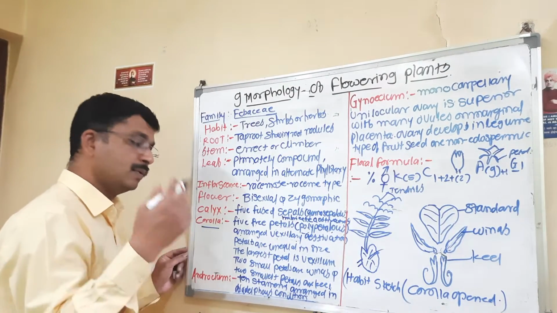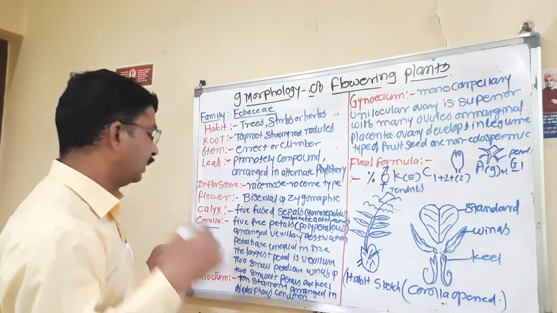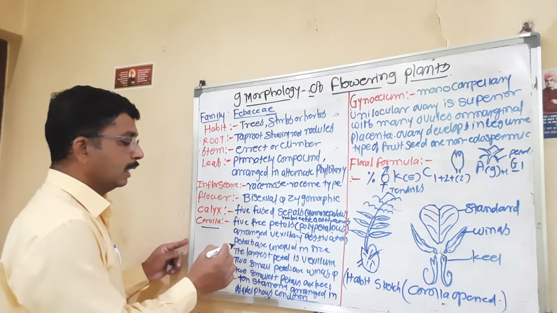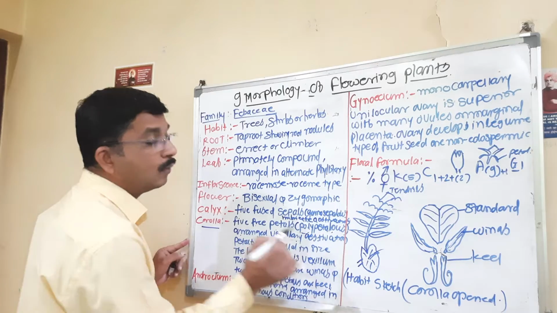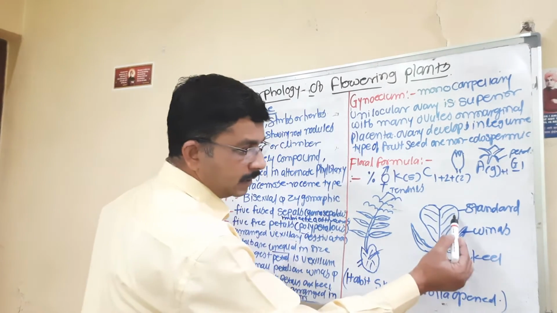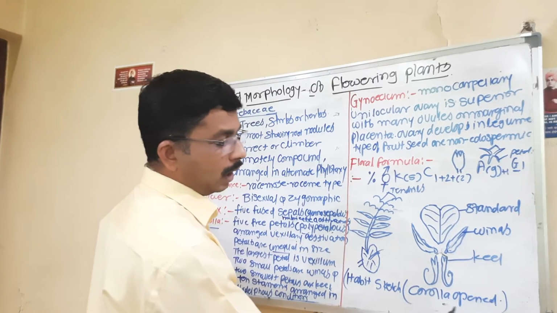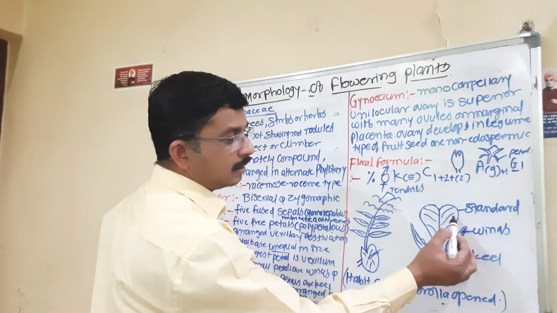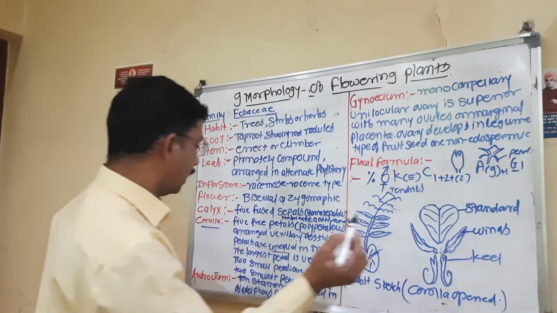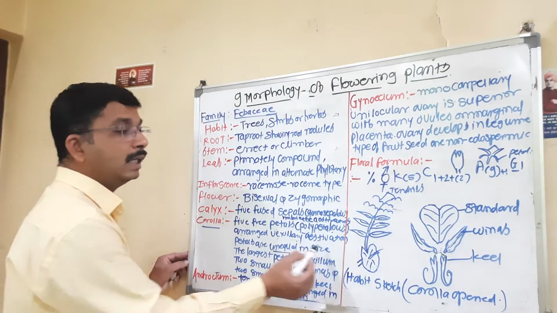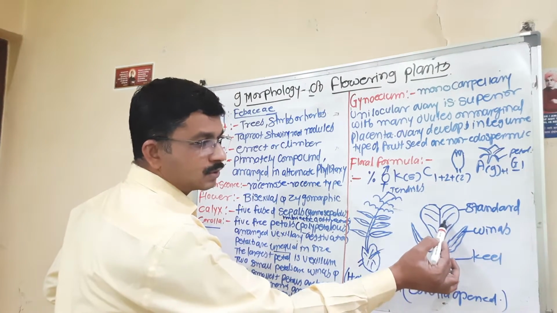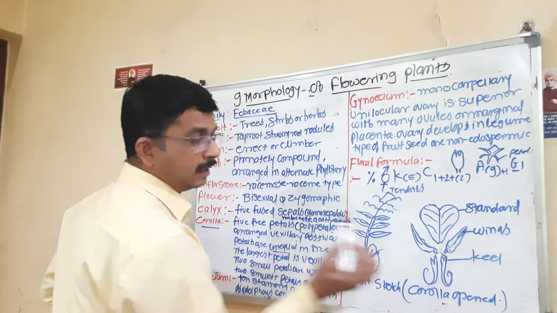The corolla shows vexillary type of aestivation, which I already told you about in the previous lecture. The petals are unequal in size. Here we have an open type of corolla. The petals are unequal, this one and this one.